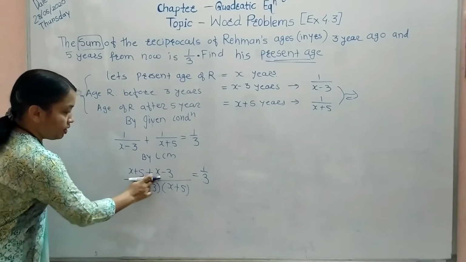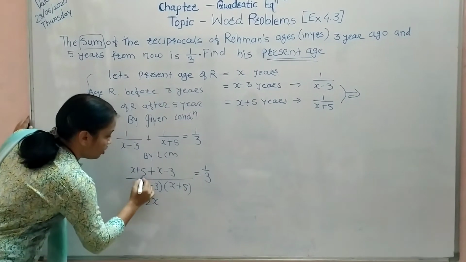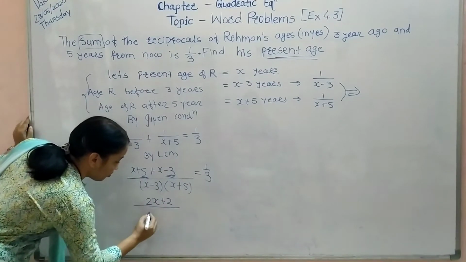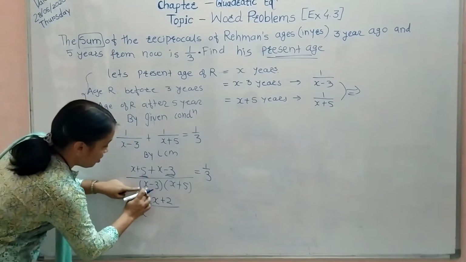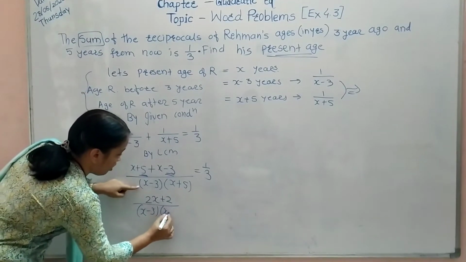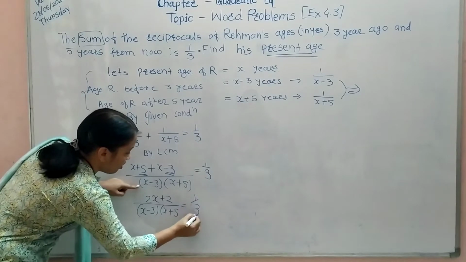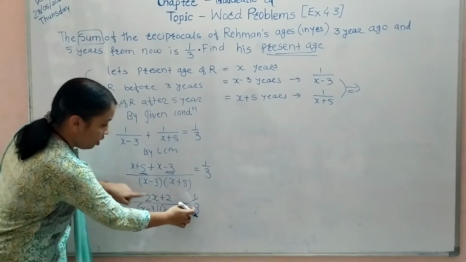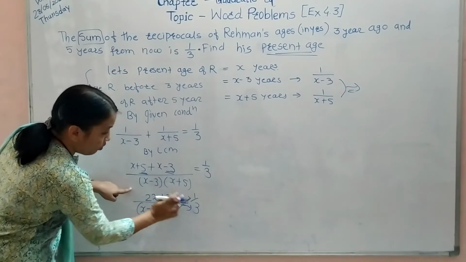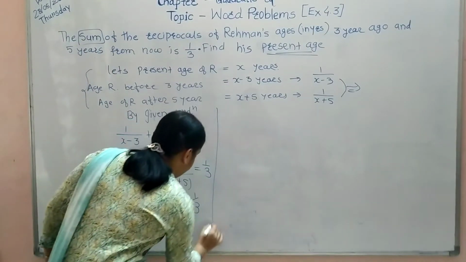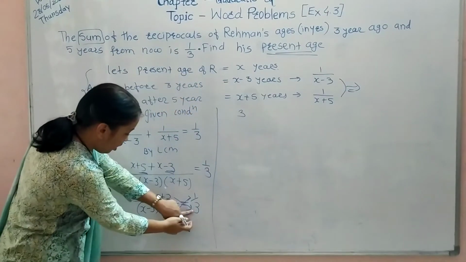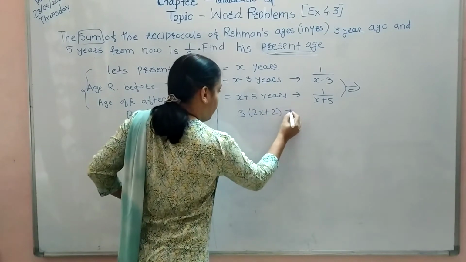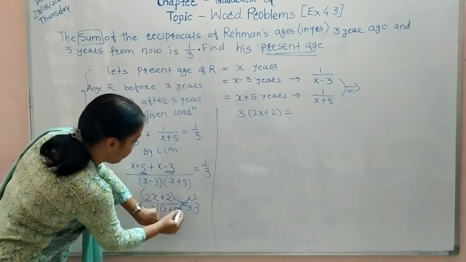Now x plus x is 2x, and 5 minus 3 is plus 2, upon x minus 3 into x plus 5, equal to 1/3. For simplification, you do the cross product, with the equal sign remaining. Therefore, 3 into the numerator, that is 2x plus 2 equal to 1 into the complete bracket.